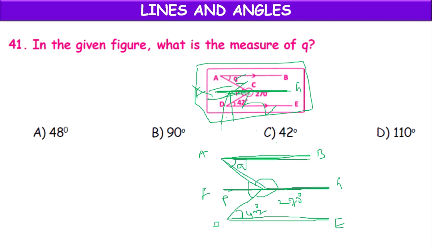Suppose if it is C, this AC is the transversal. Because of this parallel line, P is divided into two parts. So the upper part let it be X and the below part let it be Y. Now this Q equals X because they are alternate angles, and this Y equals 42 because they are alternate angles.